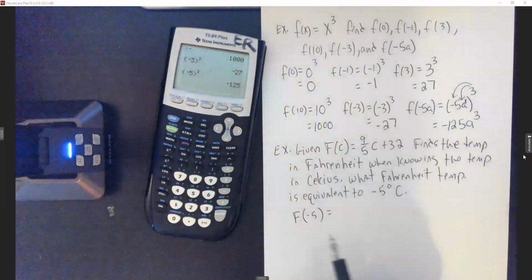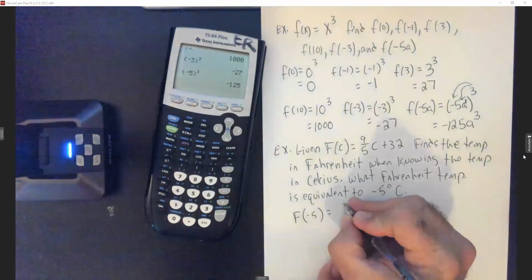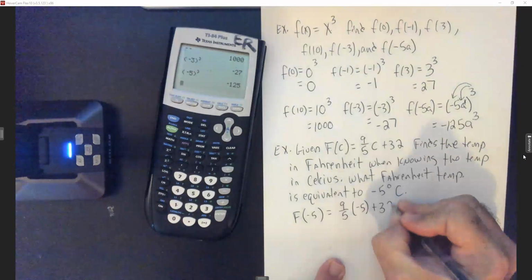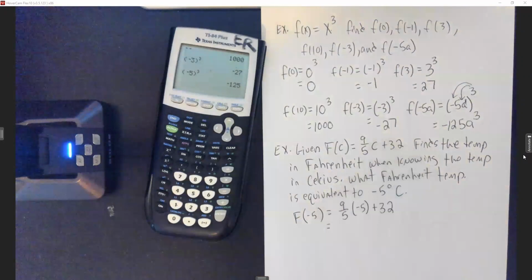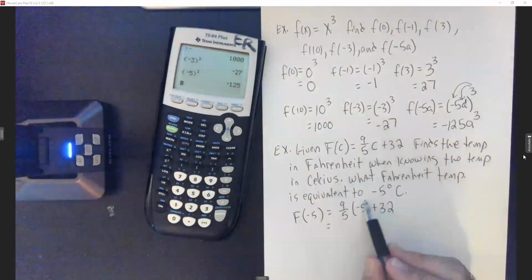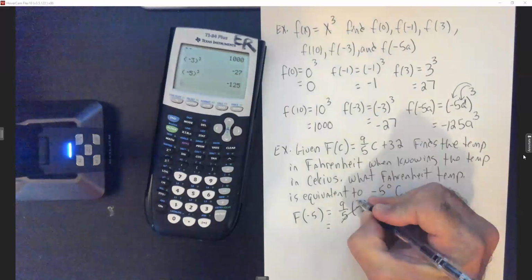So I'll put this -5 in for the C. So I'm going to have 9/5 times -5 plus 32. Now I'm going to tell you, they were nice picking a 5 because the 5s cancel. You can cancel that -5 and 5, making that a -1.